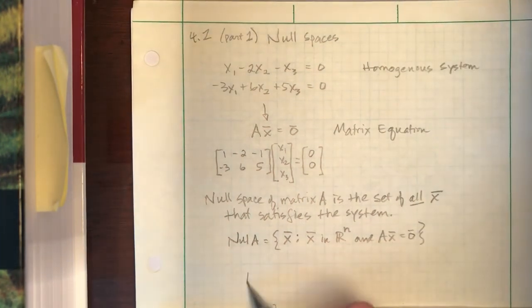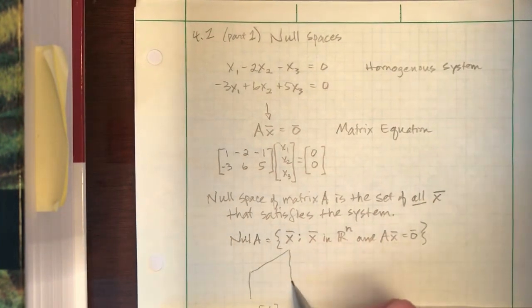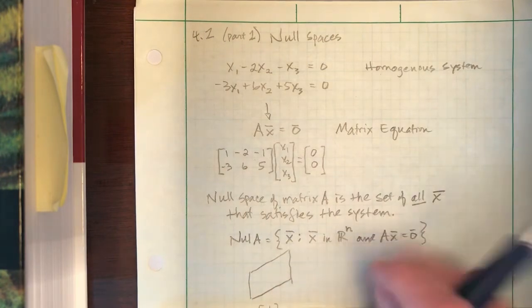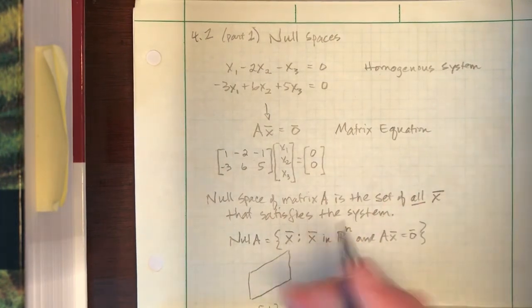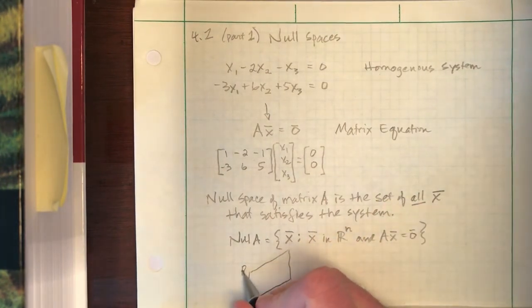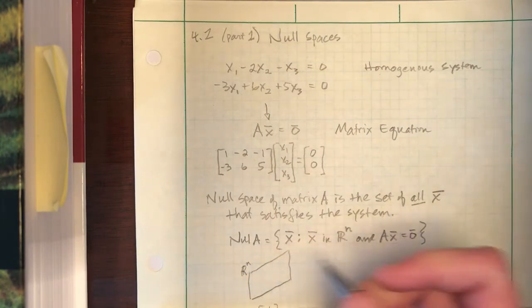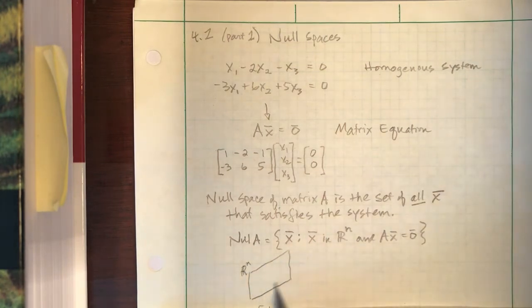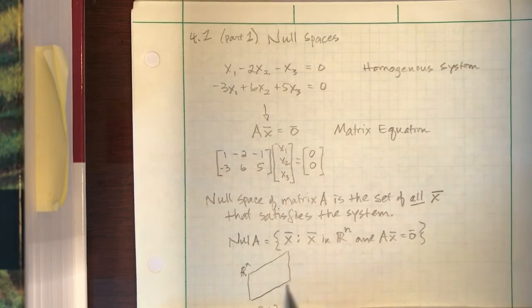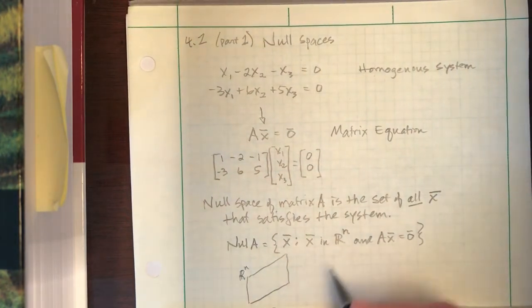So picture this. Let's say I've got a set of all Rn, this little flat rectangle that contains all the vectors in Rn.